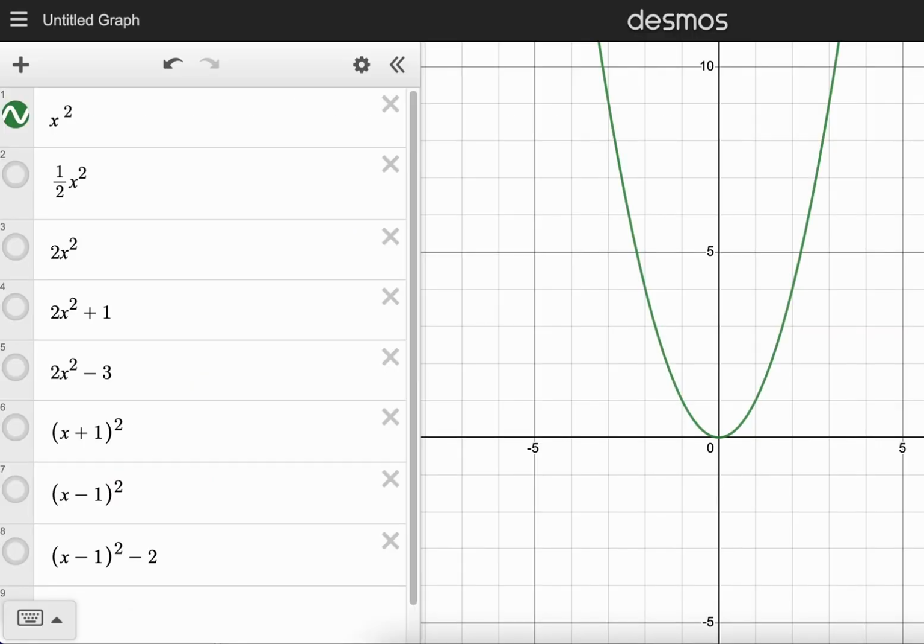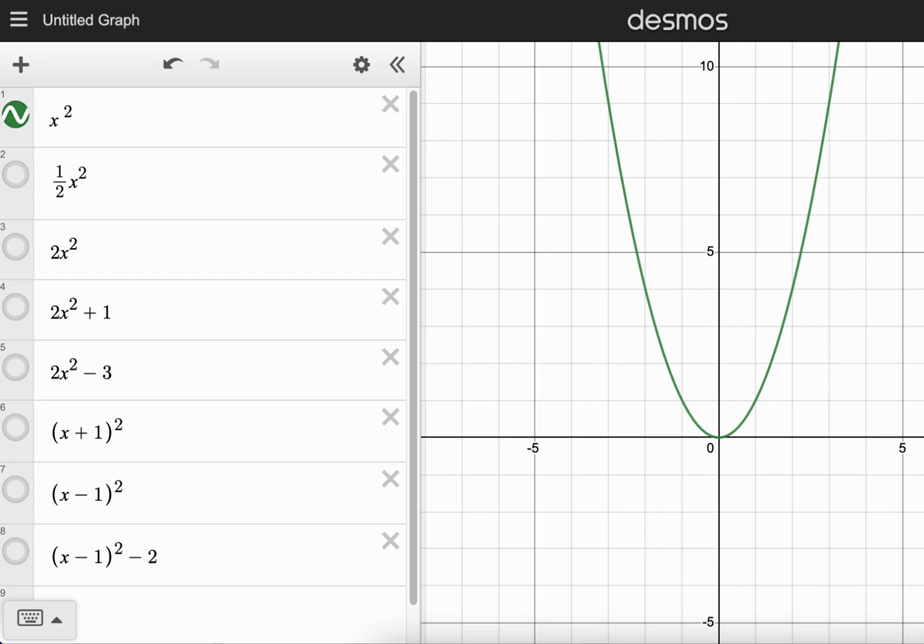Now we're going to cheat a little because we have a lot of different quadratic graphs to explore, so we want to save a little bit of time. I went ahead and inputted the graphs that we're going to explore into Desmos so that we can, again, save a little time.